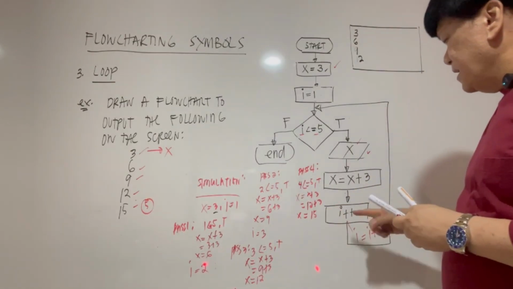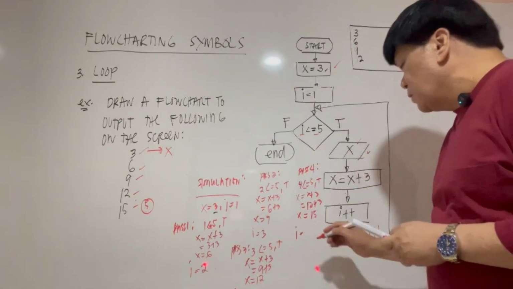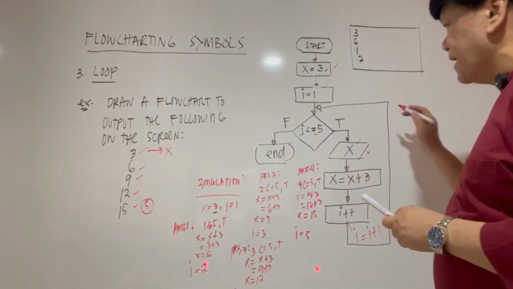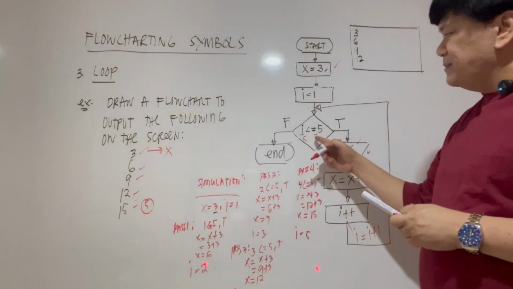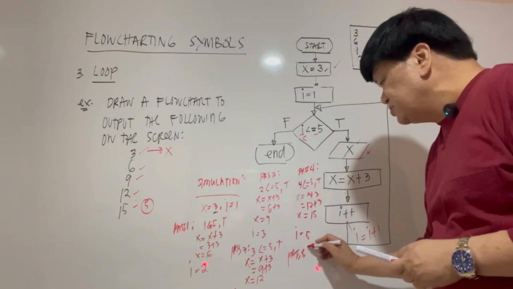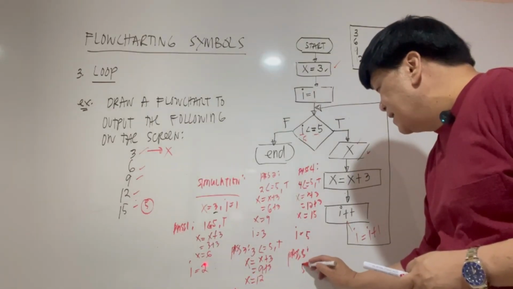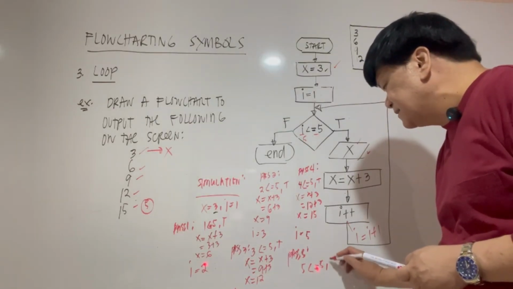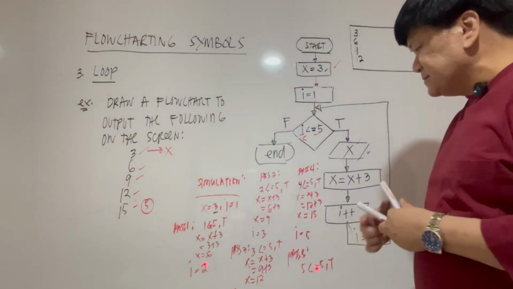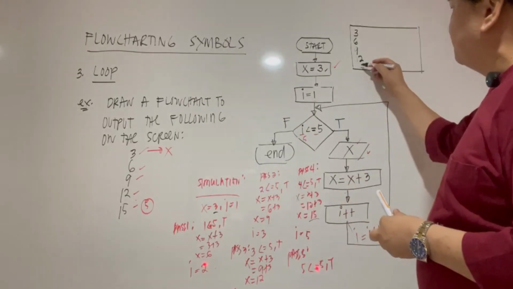And then increment I, which is now equal to 5. Then go back. You test 5, is it less than or equal to 5? So we are now at our last iteration. So asking 5, is it less than or equal to 5? That is still true. Then output the value of x. The value of x, there you are, 15.